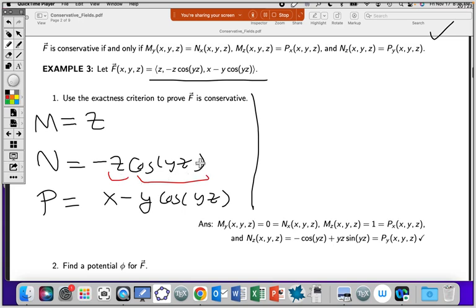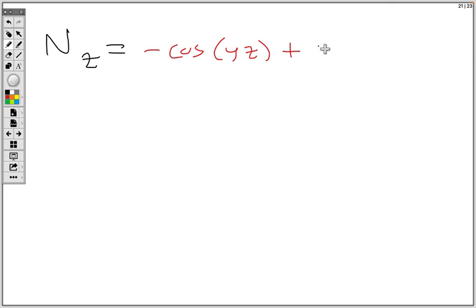Then I'd have a minus z times the derivative of cosine of something. The derivative of cosine of something would be a negative, times that negative would be a positive. z sine yz times the derivative of yz with respect to z. So I give you a y. So I guess we'd end up with that. So that would be your nz.